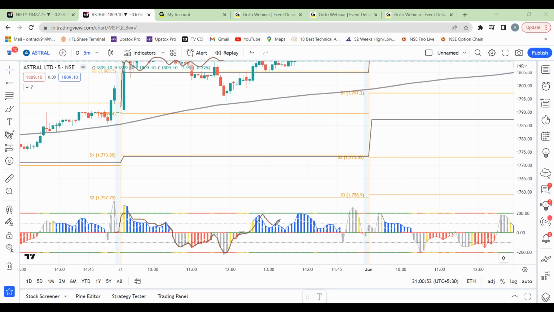Above this, it becomes buy, and whenever it falls below this, it becomes sell. Trend line moving above zero, stock will be in buy trend. Trend line moving below zero, stock will come into sell trend.